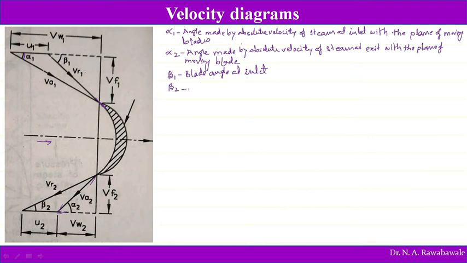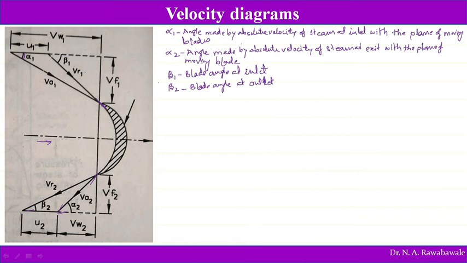Beta 2 is the blade angle at outlet. If we draw a tangent at this outlet and extend it, that makes angle beta 2 with the direction of movement of this blade.